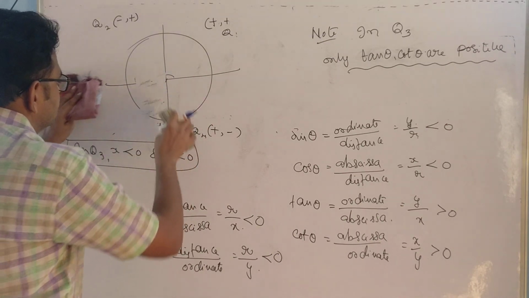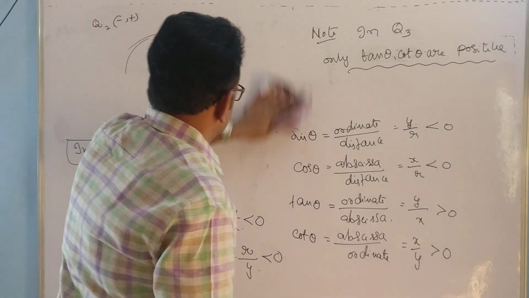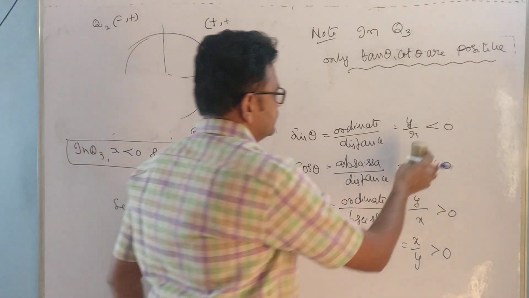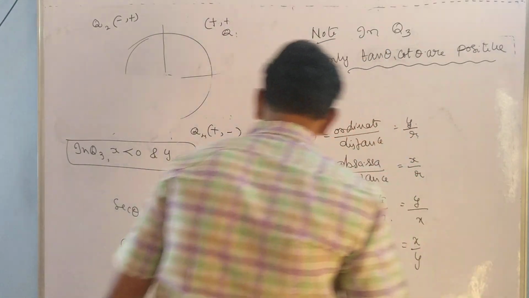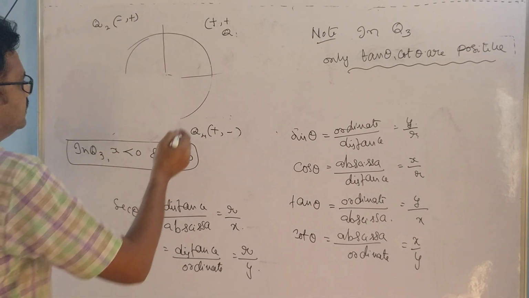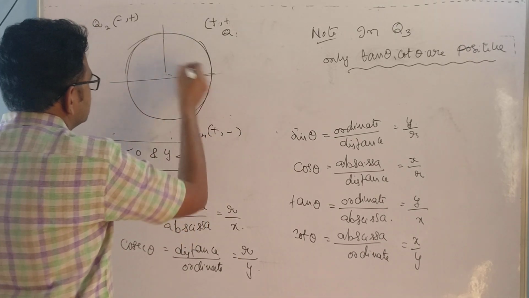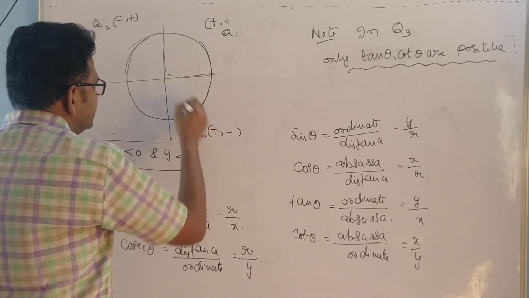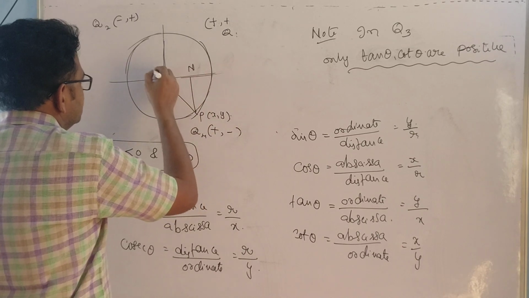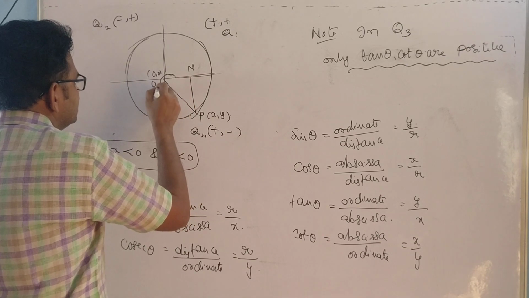Next one. If the point lies in the fourth quadrant, so this is the point P(x, y), and this is N. This is origin O. This makes an angle theta.